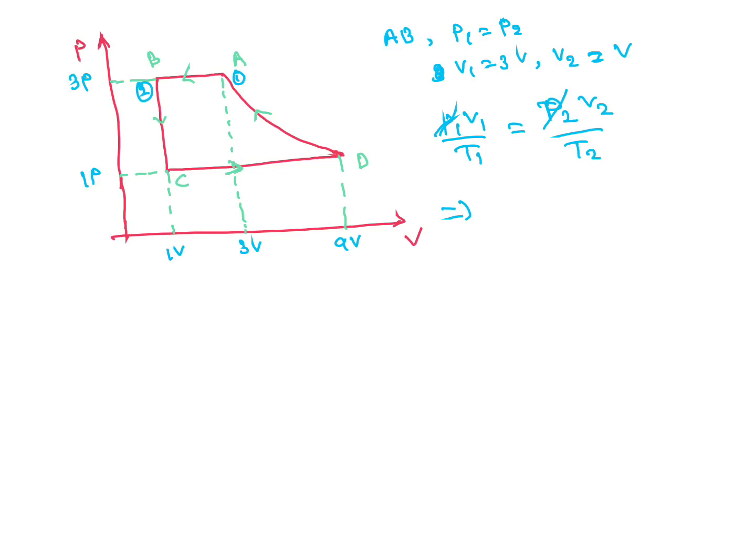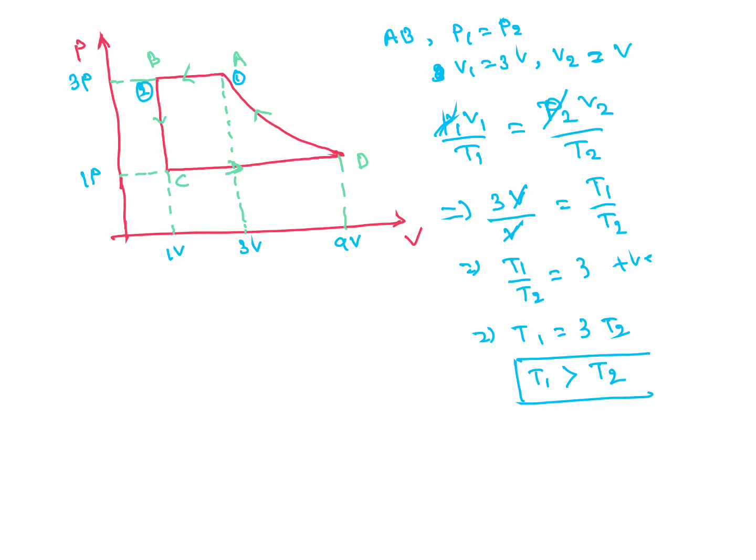Then V1 is 3V by V2 is single V, T1 by T2. So V cancels, T1 by T2 equal to 3. It's positive, and T1 equal to 3 T2. So T1 is greater than T2, or TA is greater than TB.